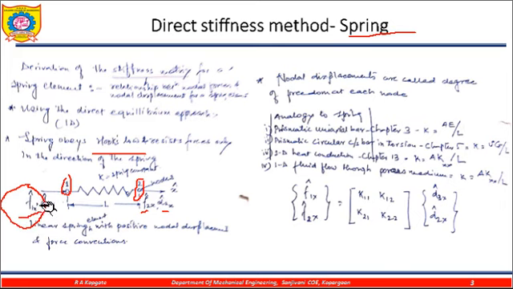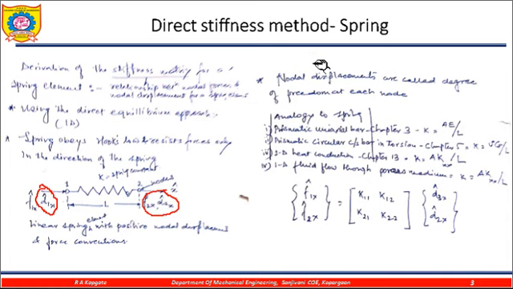It means I am representing the force in the local coordinate system at node 1 along the x-axis. Similarly, force at node 2 in the local coordinate system along the x-axis. In the same way, we can write the displacement also, that is d cap 1x, and here d cap 2x, at node 2.